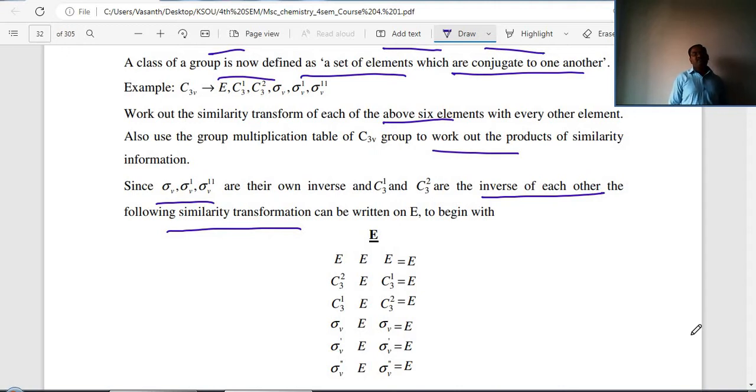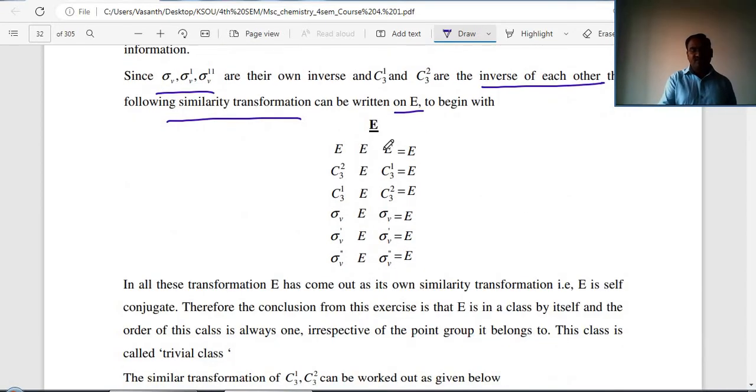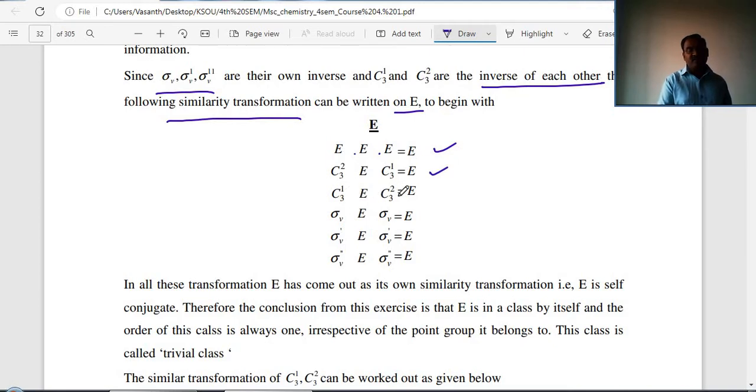Similarity transformations can be written for E, the identity. E into E into E gives E, and C3 square into E into C3 power 1 gives E. Likewise, sigma V into E into sigma V gives only the identity, and sigma V dash into E into sigma V dash gives E, and the double dash is also the same.